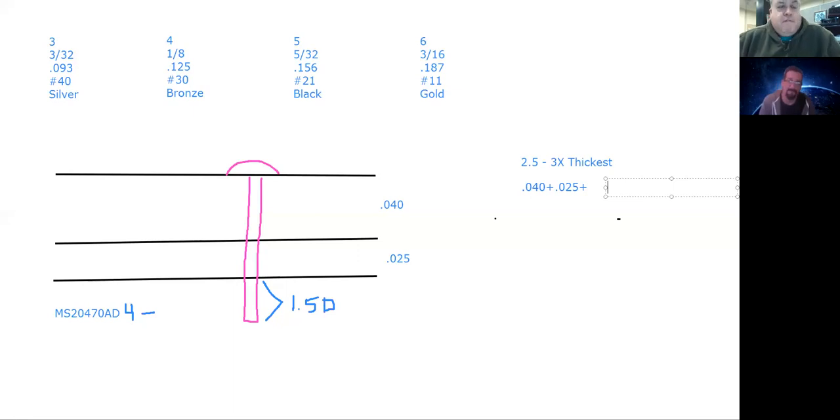So a 4 thirty-seconds rivet is the same as saying 8 sixty-fourths, right? Correct. So what is 1.5 times 8? 12.